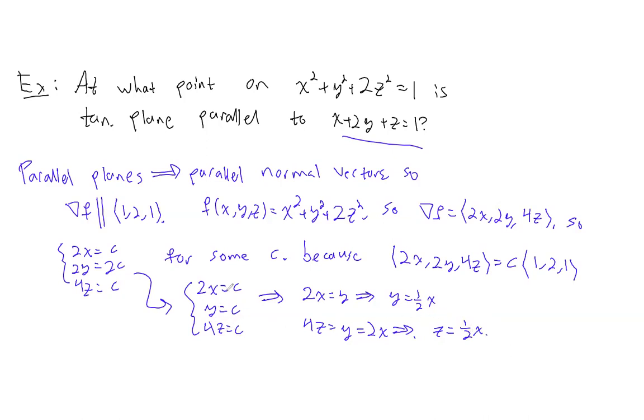So what we're going to do is apply this to the original equation for the ellipsoid, x squared plus y squared plus 2z squared, because that point is going to be on this ellipsoid. And that's going to be x squared plus x squared over 4 plus x squared over 2 equals 1. You combine those: 4 plus 2 is 6 plus 1 is 7. So that tells us really that 7/4 x squared equals 1.